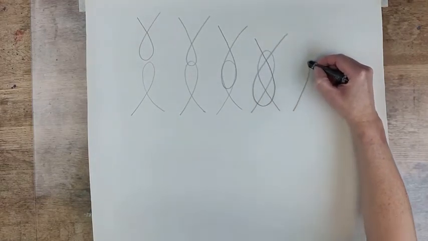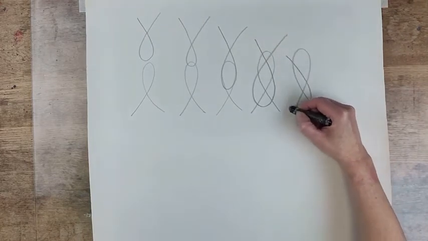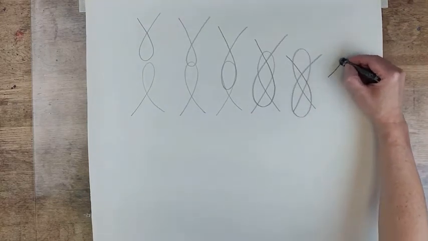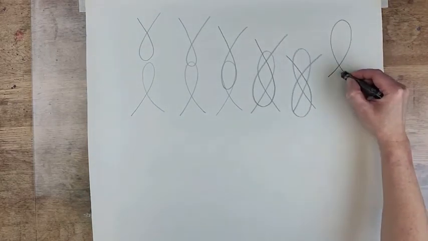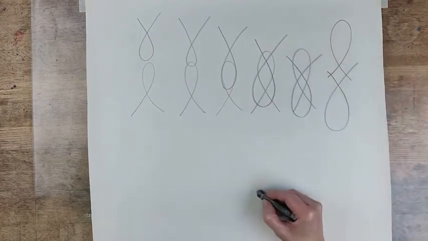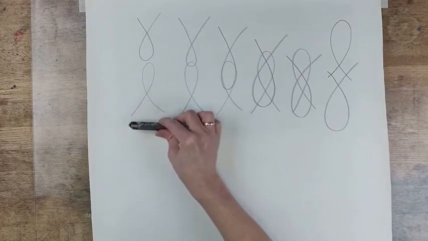And then here, we're moving the loops closer still. And here they're moved out. So we're basically creating here, I hope it makes sense.